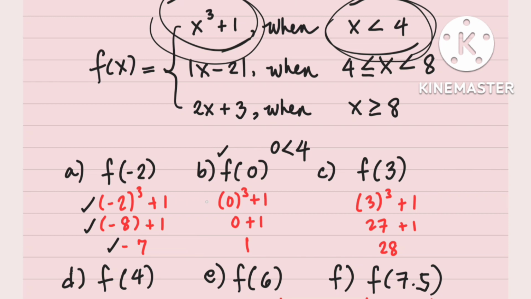So we will get 0 cubed plus 1, which is 1. Third, what if we want f of 3? Again, we will use the same rule. So 3 cubed plus 1 is equal to 28.